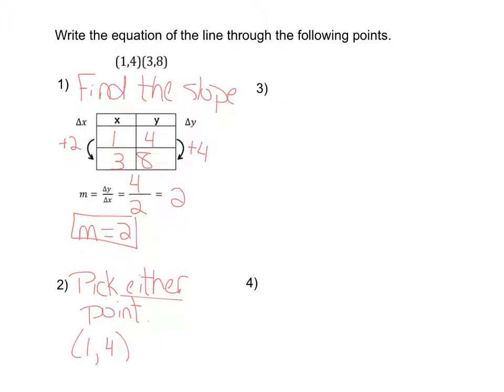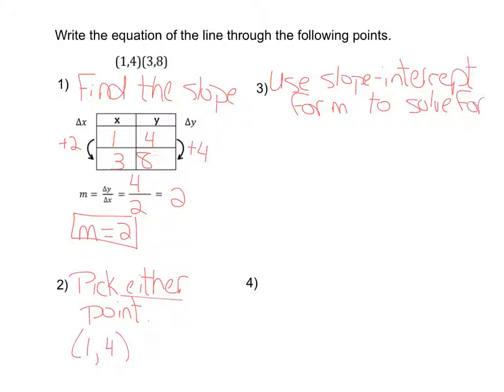All right, now the next step is to use slope-intercept form to solve for b. Where we know b shows up is in slope-intercept form, y equals mx plus b. Now look, we have m right here. m is 2.